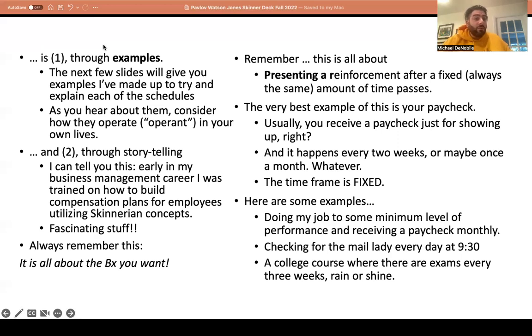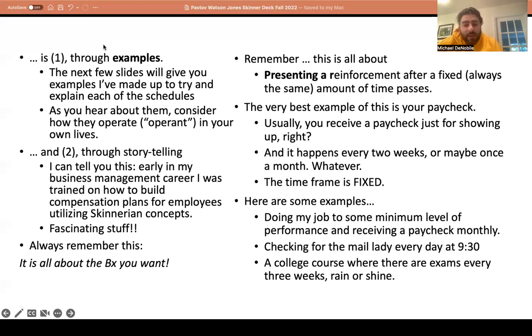And a reason why it's on a fixed schedule is that a company can plan out their finances. So it's just practical that way. You know when you can pay your bills on time. It just makes sense.